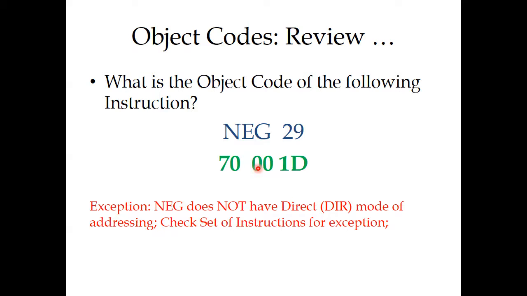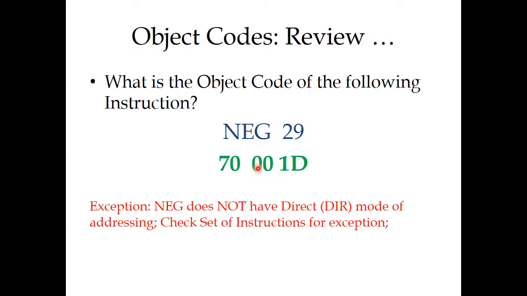And the microprocessor knows exactly what you are telling it based on the opcode. Because as you have seen, we have a unique opcode for every instruction and every addressing mode. So you can think of it just like a code, and if the microprocessor reads the code, it knows you are actually writing NEG. Because the microprocessor cannot read NEG, it reads 70, then it knows that you are trying to tell it NEG.